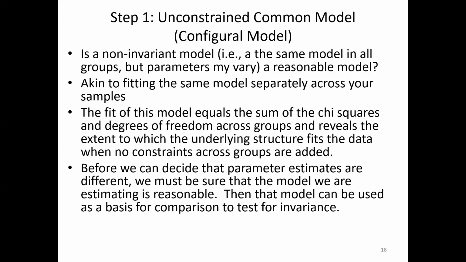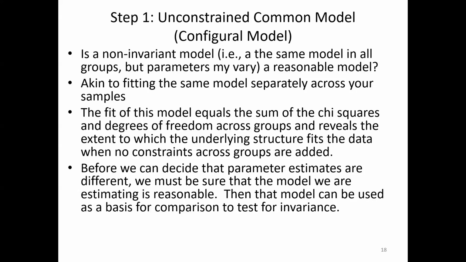So, you're going to run this model and get a chi-square, right? If you were to actually run this model separately across the two groups, you could take the sum of the chi-squares for those two single groups. So I run it for boys, I get a chi-square. I run it for girls, I get a chi-square.